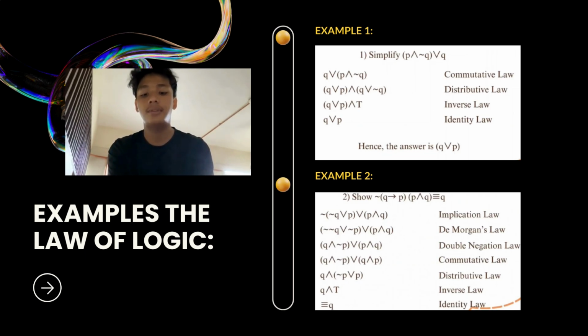Next we use the identity law. Next we use the derivation of implication, and the last one we use the biconditional identity law, and the answer is P conditional negation Q. Okay, that's all for me.